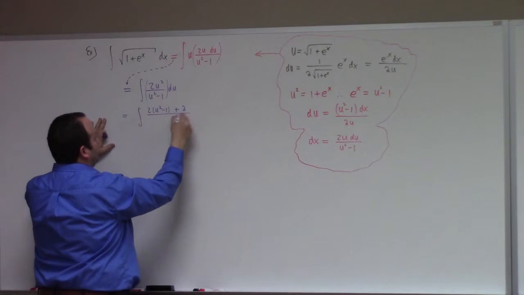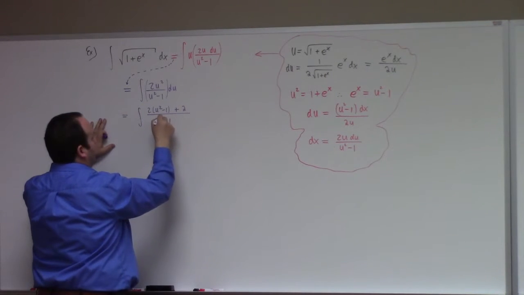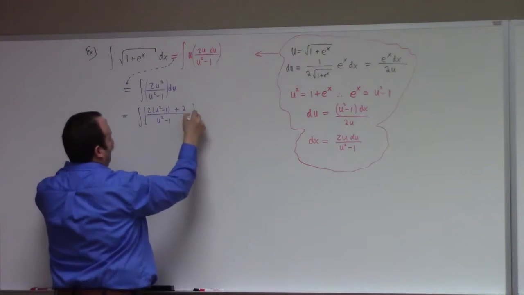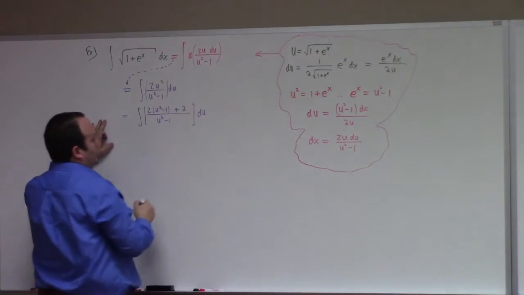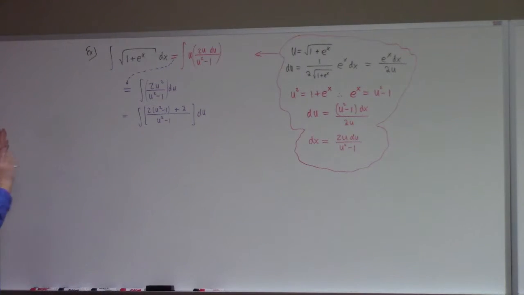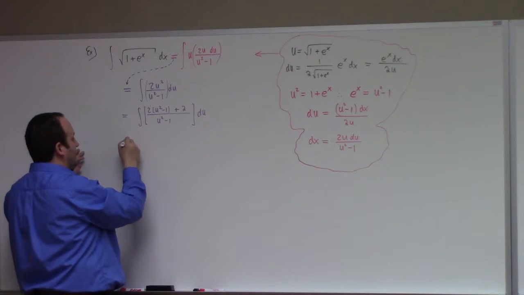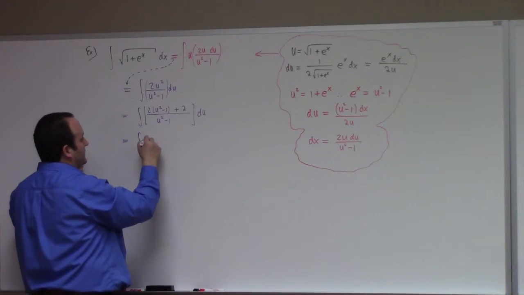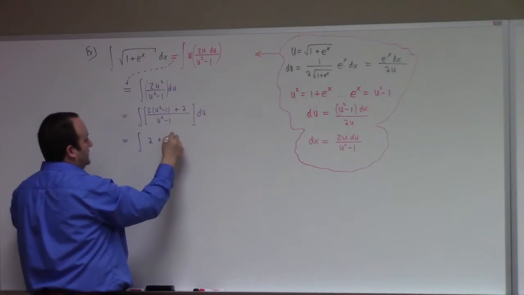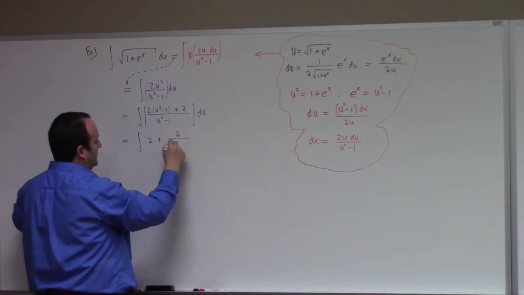See what I did there? I've subtracted 2 and I've added 2. The reason I did that is so that I get a copy of 2 and then plus a proper rational function. I get 2 plus 2 over u squared minus 1.